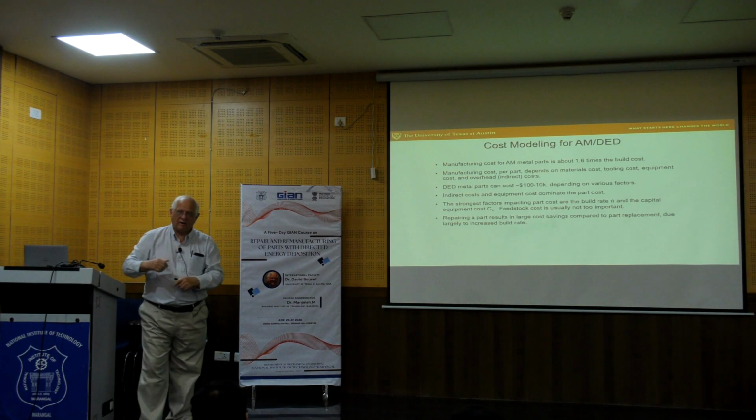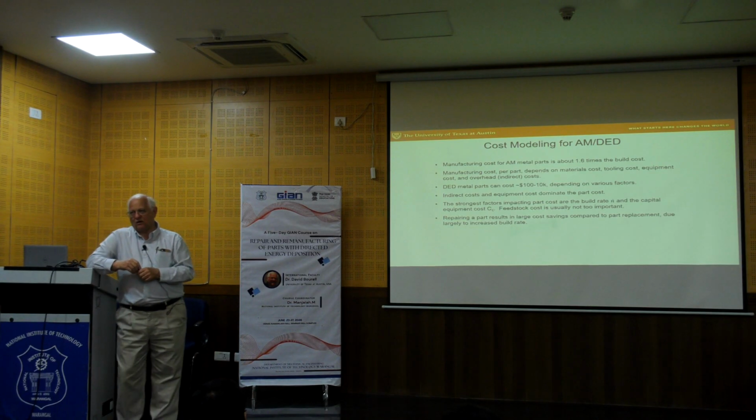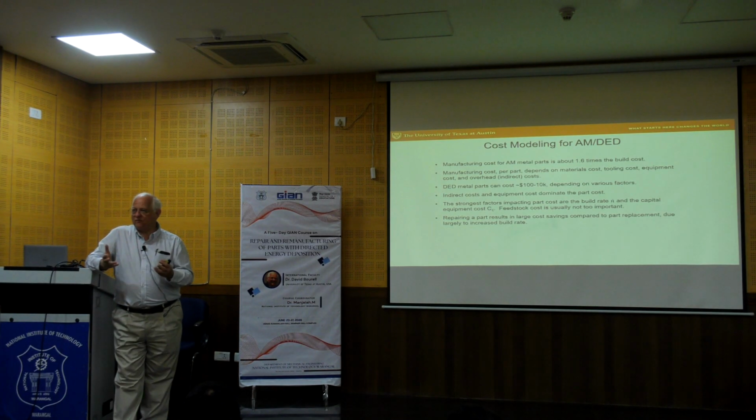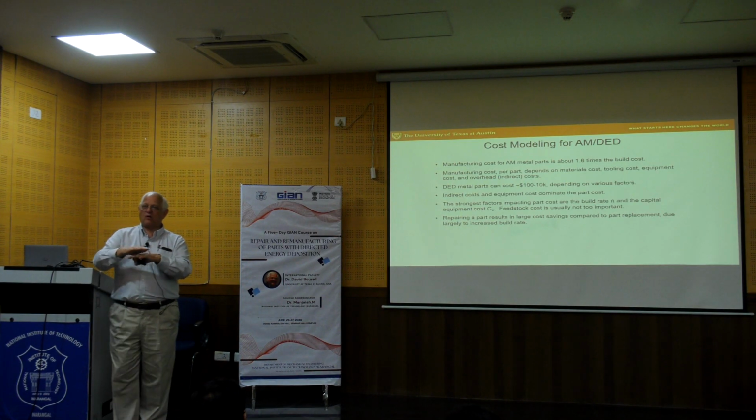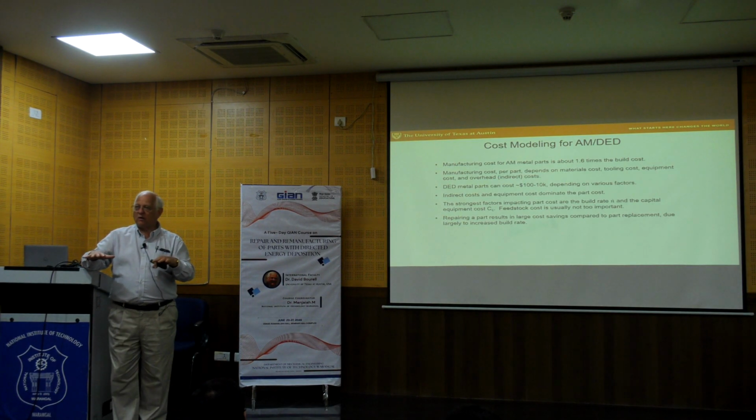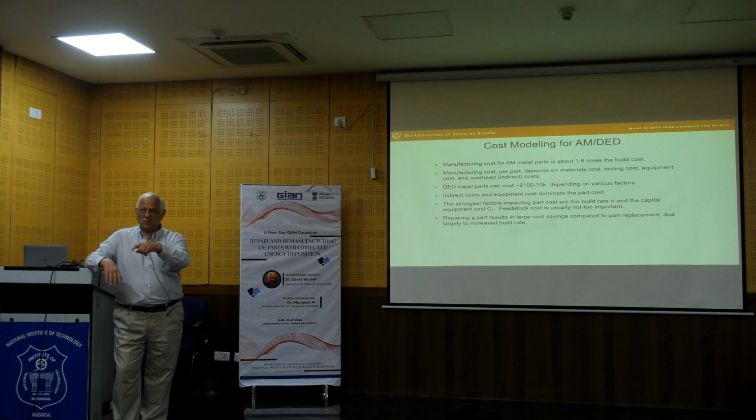In the polymer world, we have processes like HP's multi-jet fusion, where we're curing the entire layer at one point rather than rastering a laser beam, for example, so we can build faster and increase the production rate.